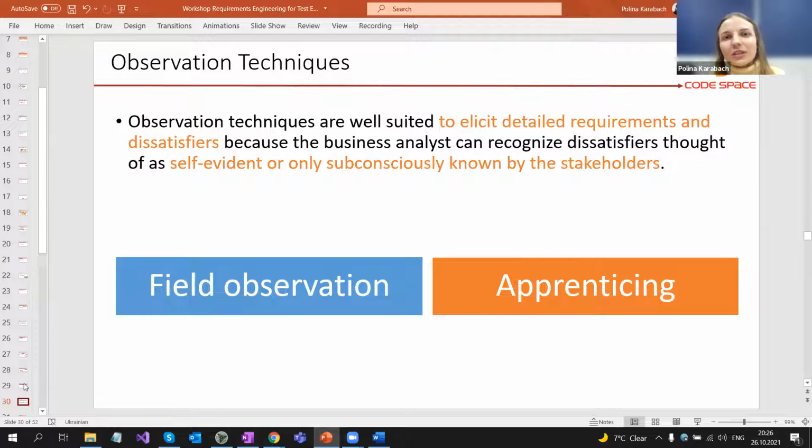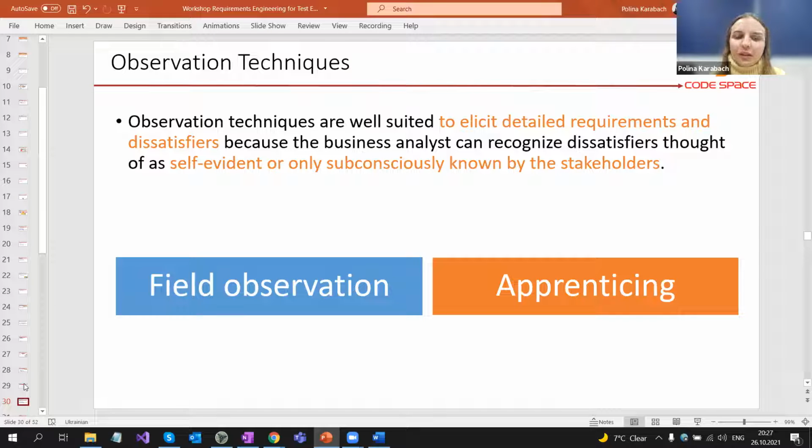Field observation is a setting where we, as an observer, come to a real setting of our users, where they work when they execute certain tasks, and we just look at how their work process is built, how they work with the software, with our system.